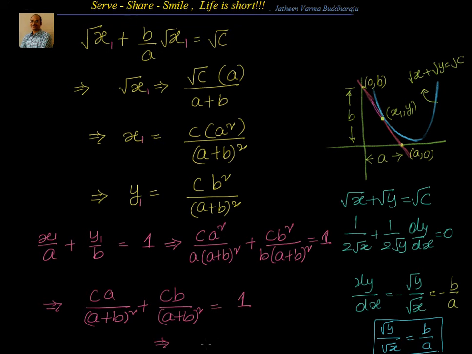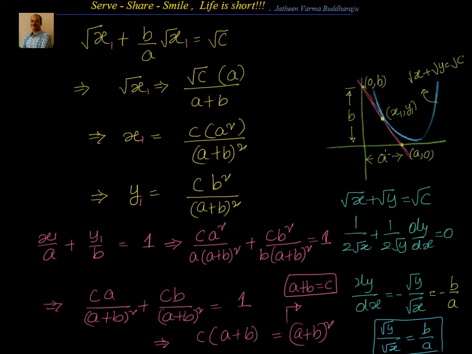So if we simplify this, since I have the same LCM, I can add them up. c into a plus b equal to a plus b whole square. Simplify that, we will have a plus b equal to c.